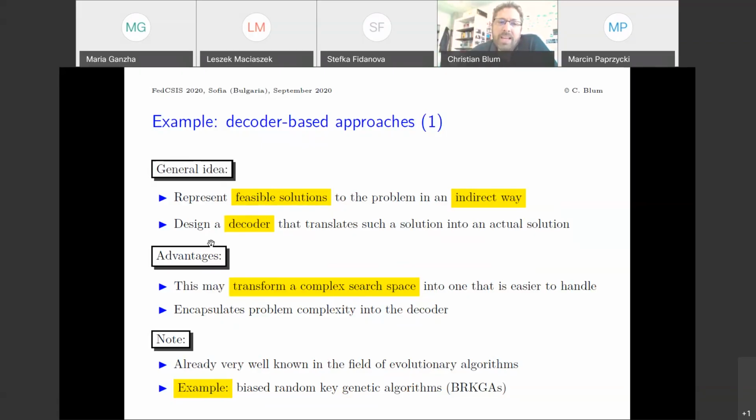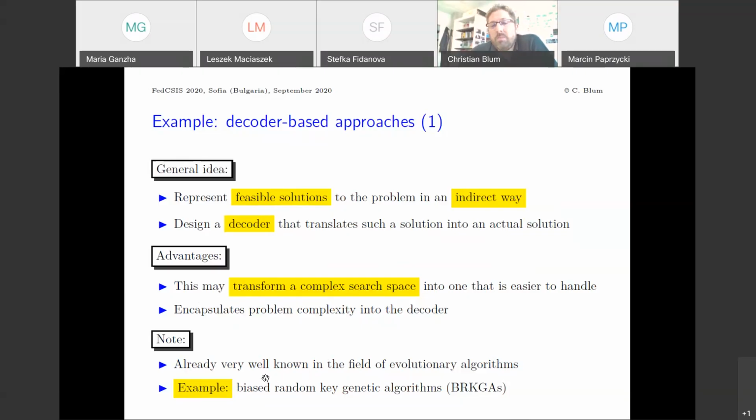In many cases, this transforms a complex search space into one that is much easier to handle, for example, constraint-wise, because it encapsulates problem complexity into the decoder. So it puts complexity of the problem into the decoder that you don't have to look at when you run your meta-heuristic, for example. This is very beneficial sometimes.